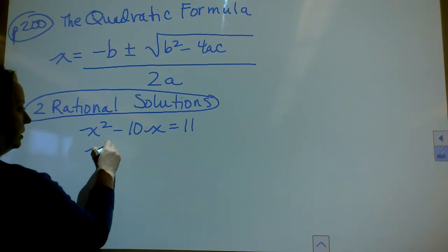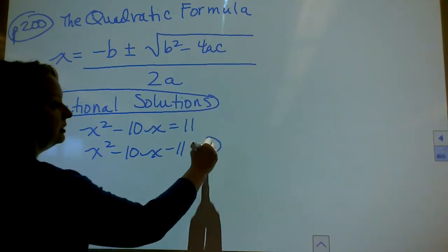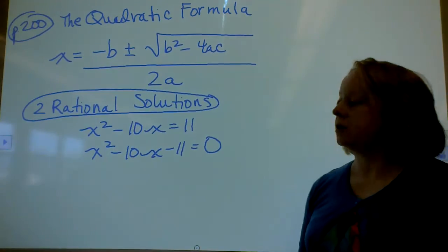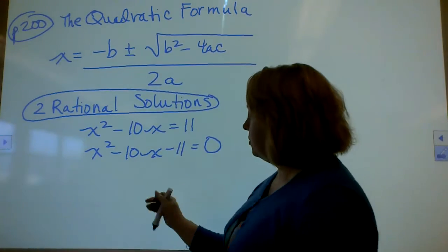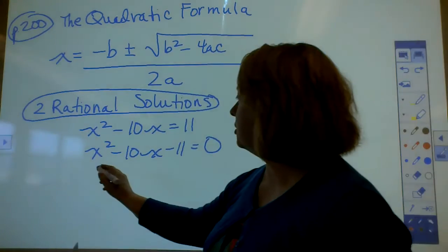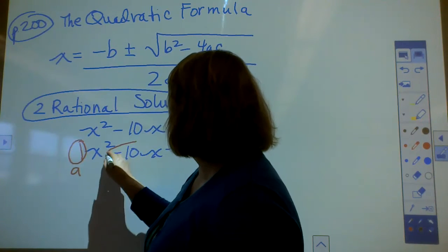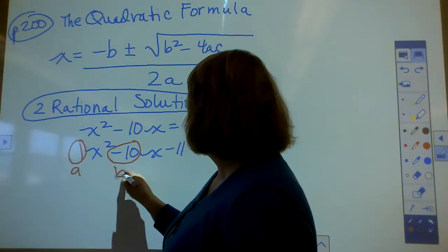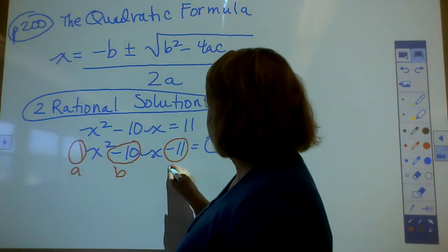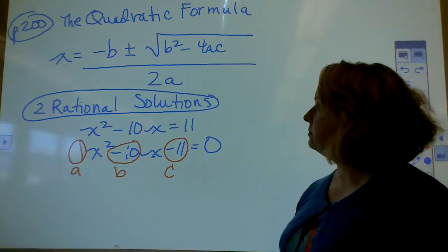So x squared minus 10x minus 11 is equal to 0. Now we can figure out, this is our a value, there's that implied 1. This is going to be b, and this is going to be c. It's all the coefficients of your variables.